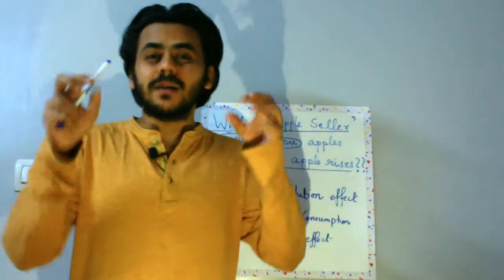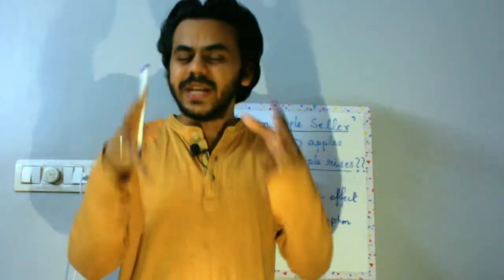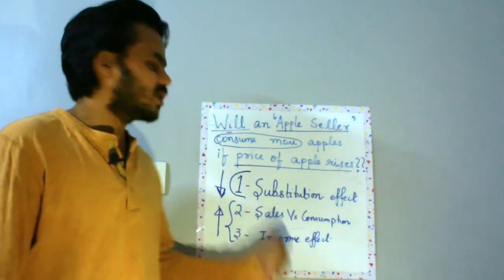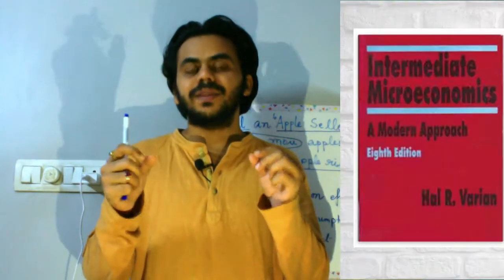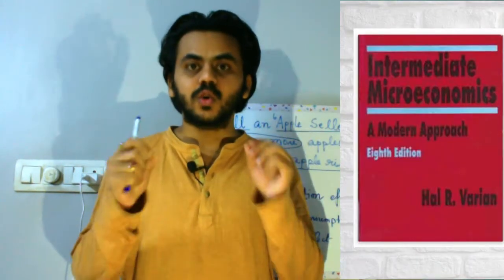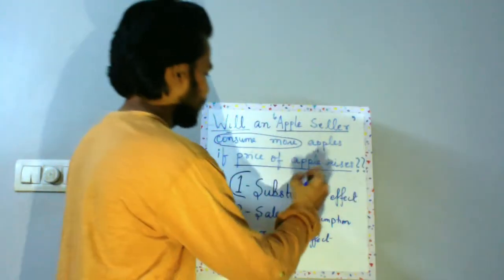You can get a more mathematical treatment of this specific question in the Varian textbook, I mean the undergrad Varian book. In that book, go to page number 171, and you will get the mathematical treatment for this question.